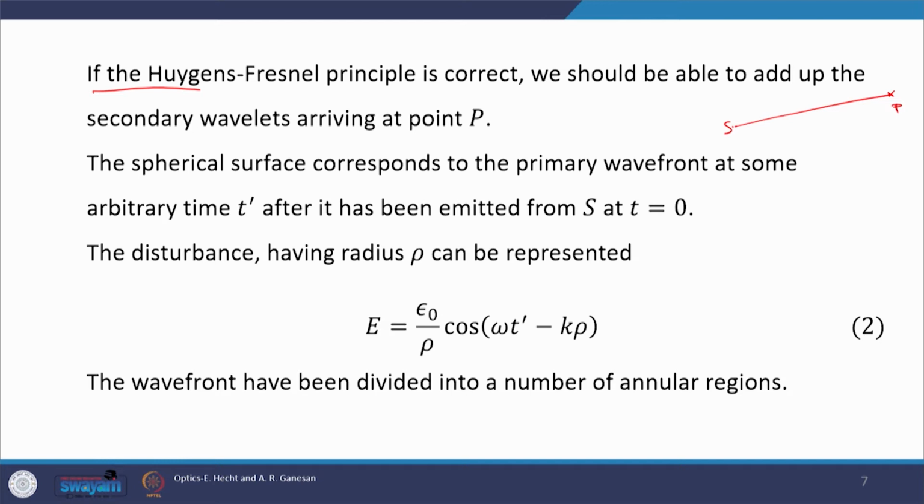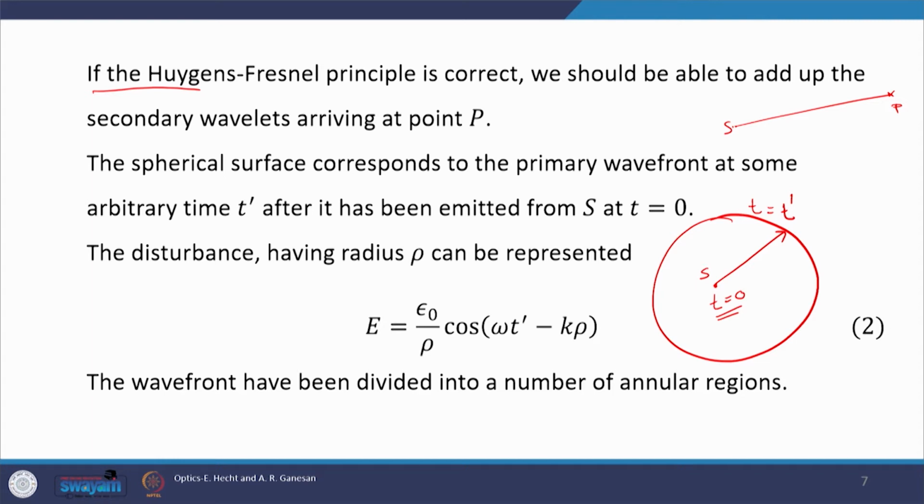It means that suppose we have a point source which is emitting a spherical wave front, and this wave front is recorded at time t prime. Since it takes some time for the wave to reach this position, it must have started at some earlier time, and we assume the wave starts from point source S at time t equal to 0, and then reaches this position at time t equal to t prime.